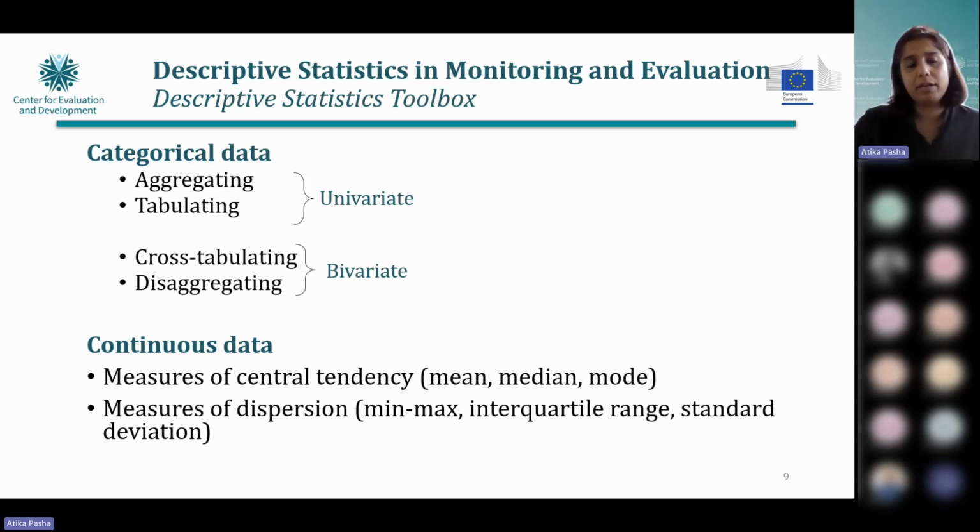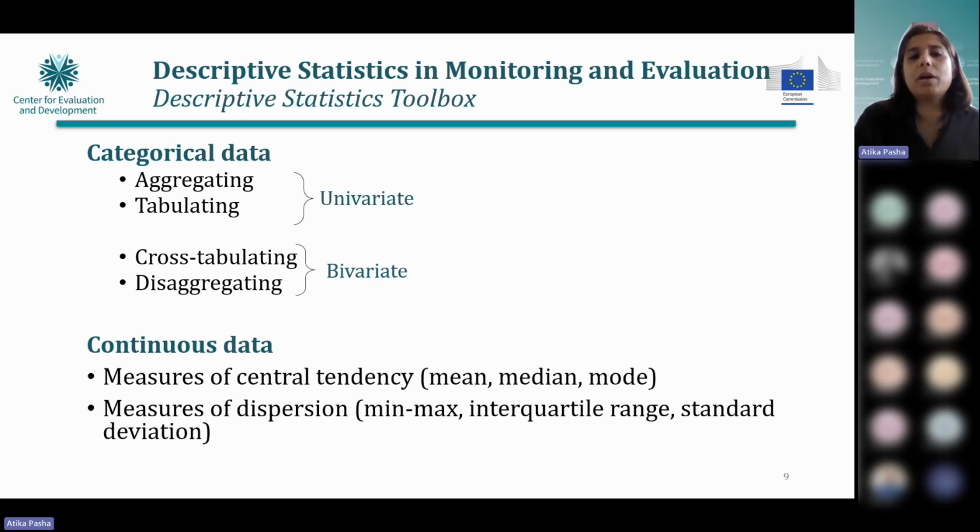Then there's bivariate data, where you are looking at 2 different variables related to the same individual. It can also be multivariate, with multiple sets of information. Cross-tabulation, or disaggregation, is the method you use for bivariate or mostly trivariate data. The more complicated it gets, the harder it is to summarize the information.